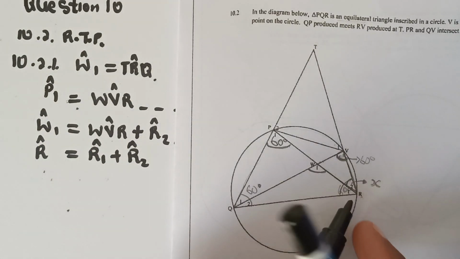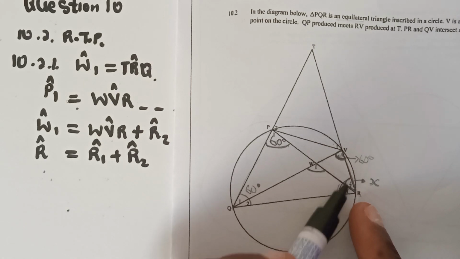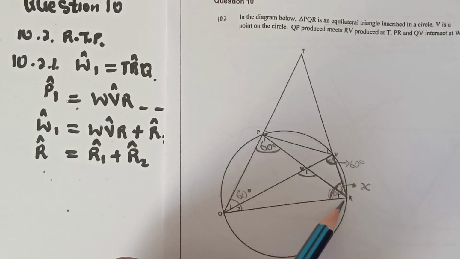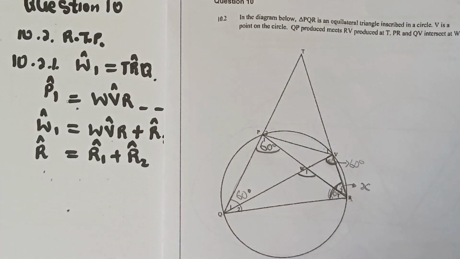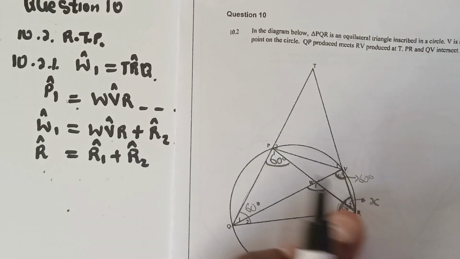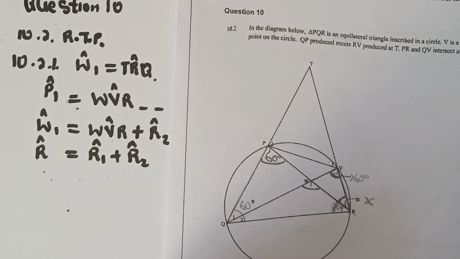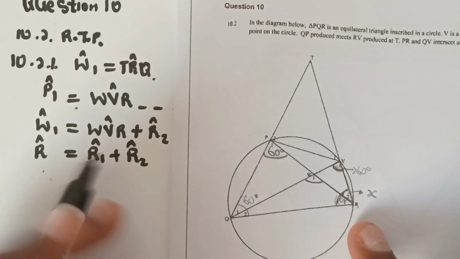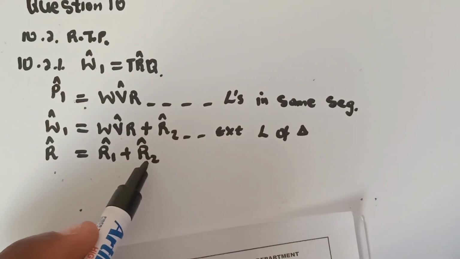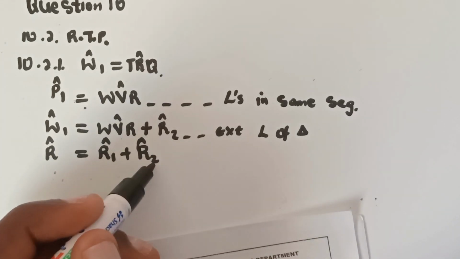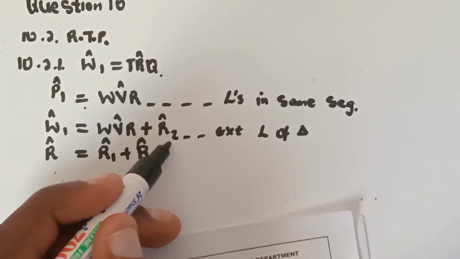Here is angle R, the whole angle here, is equal to angle R1 and angle R2. There's no reason, but you can see that it's equal. To make it short, angle R2 appears here and angle R2 appears there.